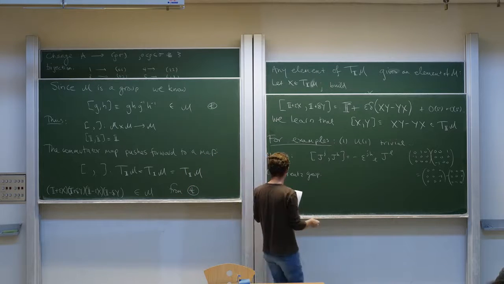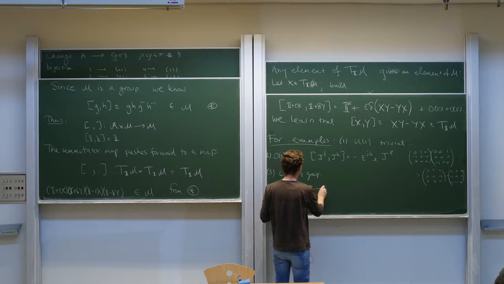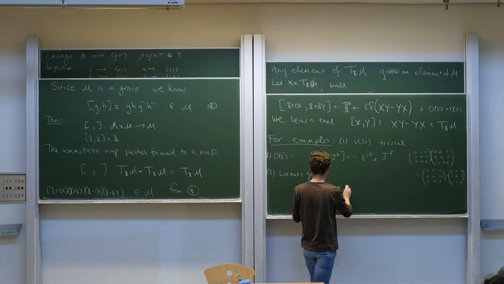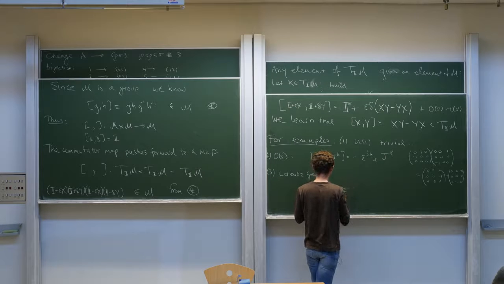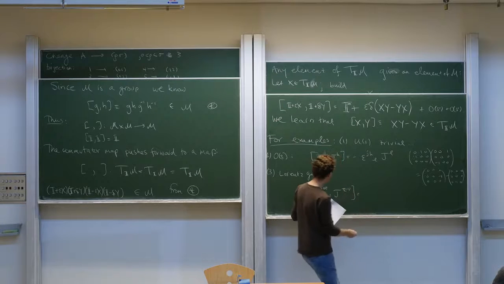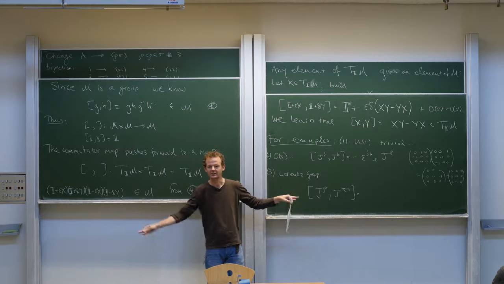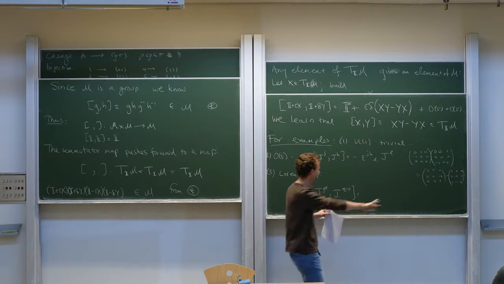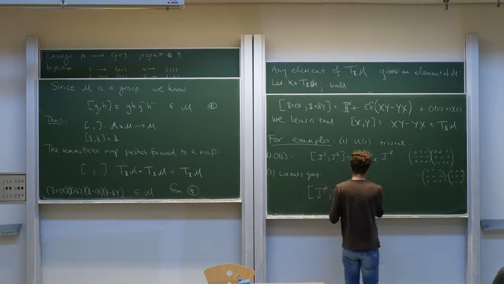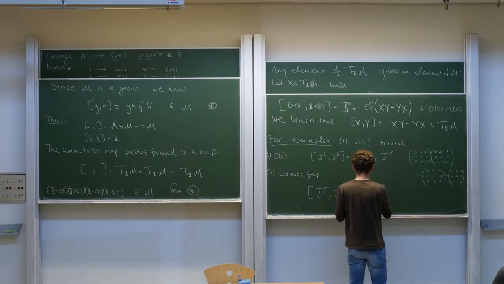In fact, it's such a good exercise that it is an exercise for you. It's a bit lengthy. There are 4 terms in this expression. But in essence, it's completely straightforward.